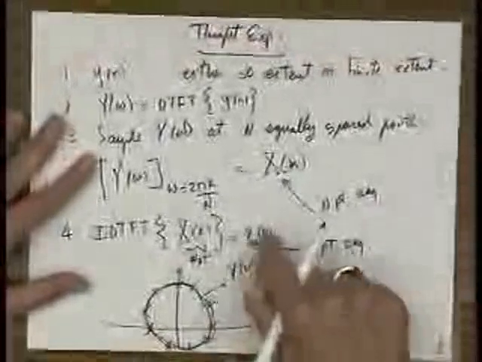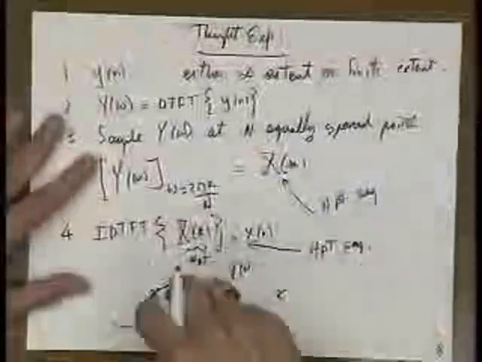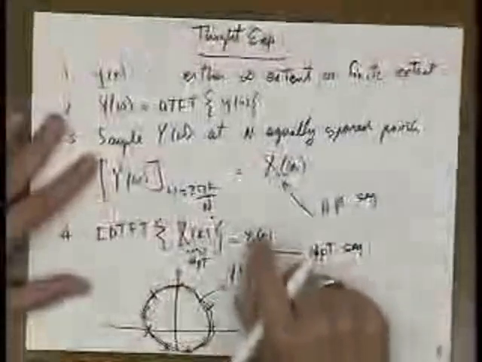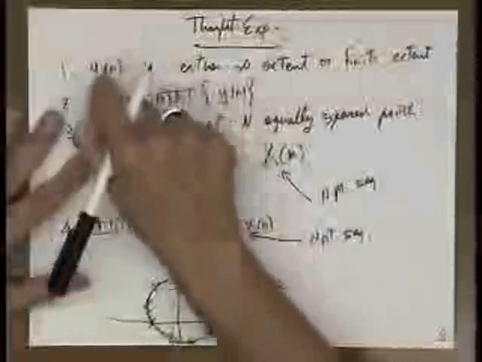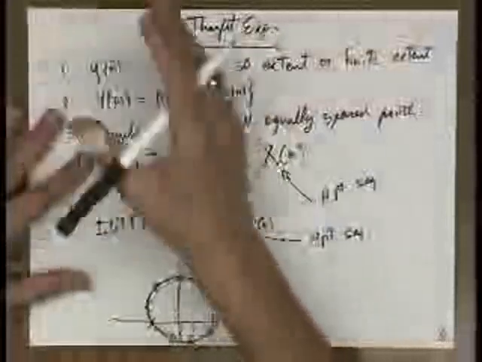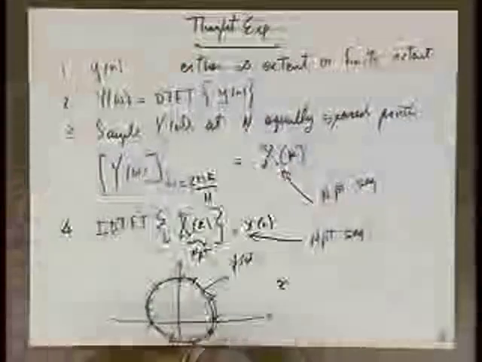I take an inverse DFT of it, get a 16-point sequence in time domain, and I ask myself, how is that 16-point sequence related to that original sequence? Remember, y is the thing that could be 2 point, 1,000,000 point, 1,000 point. How is that 16 point related to the 2-point sequence?